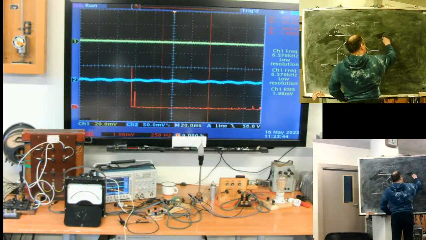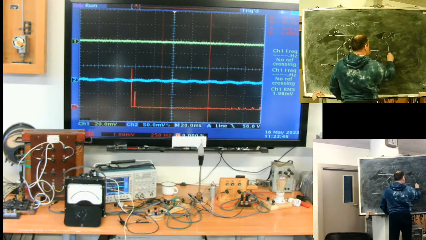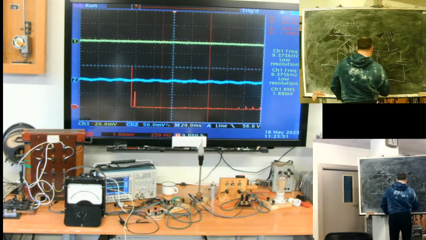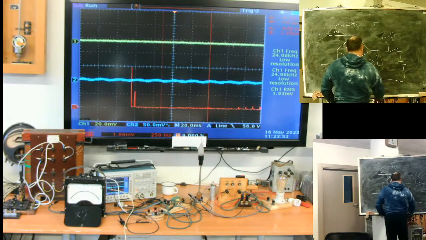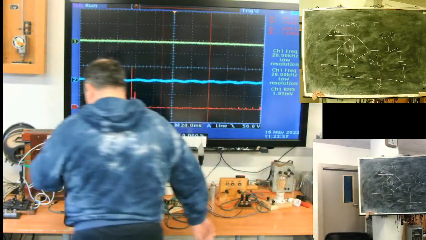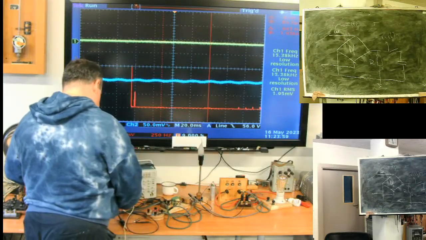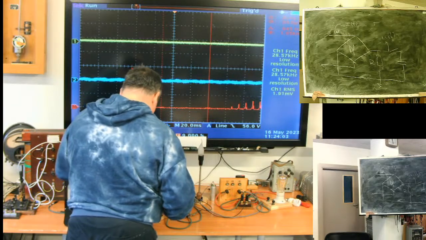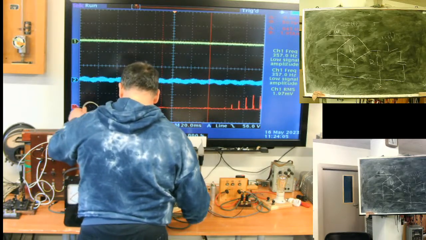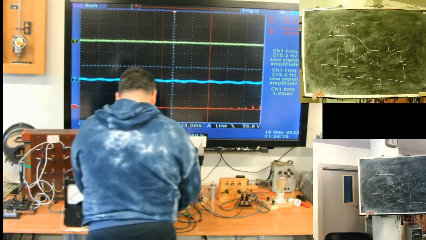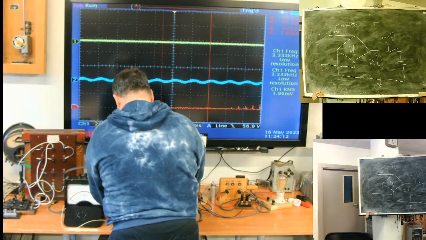This will be voltage and filter capacitor separately. One second. What's this? This is ground. Ground should go here.